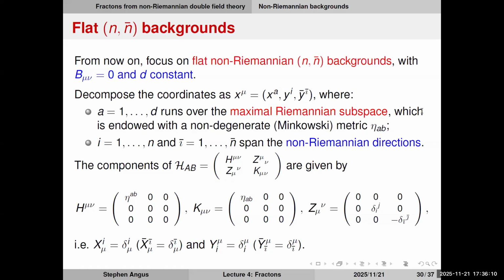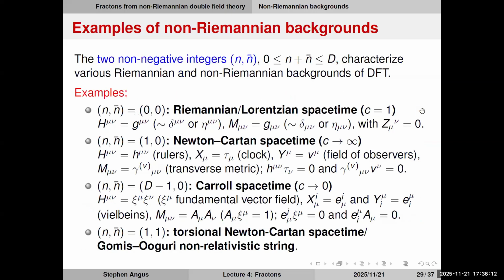In the previous slide, you showed that there is a torsional Newton-Cartan spacetime. So suppose we have a theory in that non-Riemannian spacetime, then it should be an enhanced theory of what is known in torsional gravity, right?